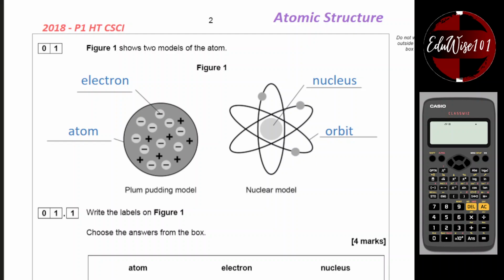Now it's worthwhile revising the other models of the atom. Right? So if I look at the very first model of the atom, which is simply a circle or a solid sphere, that was proposed by John Dalton, his sphere model in 1803.